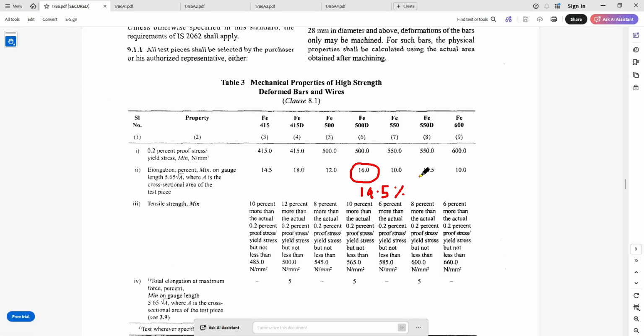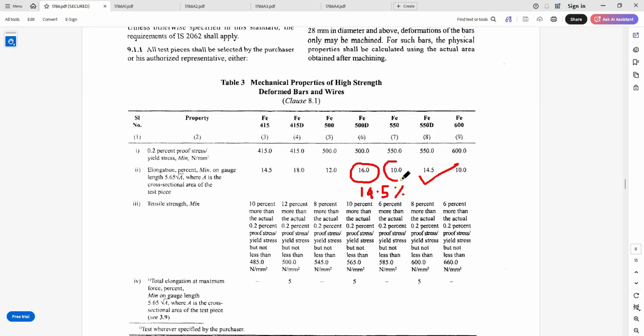Now if you look at further conditions, suppose I am given a choice of 550 and 550D. If I follow 1786, then the minimum percentage elongation required is 10%.